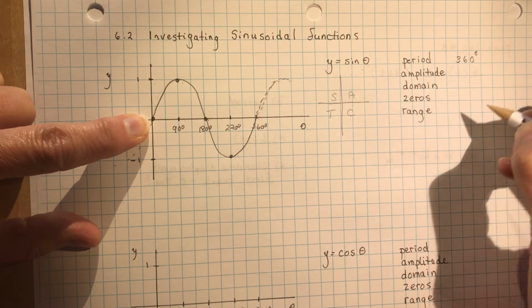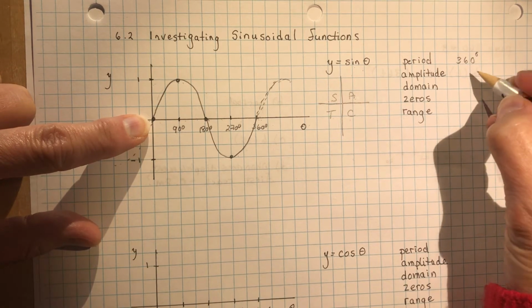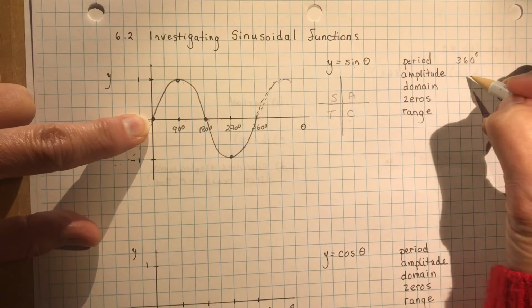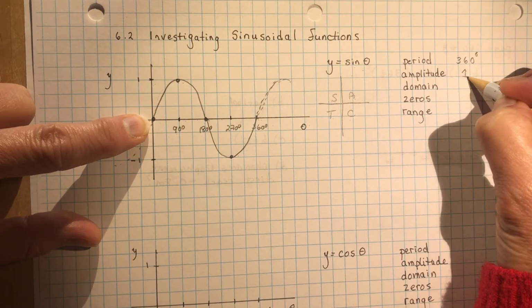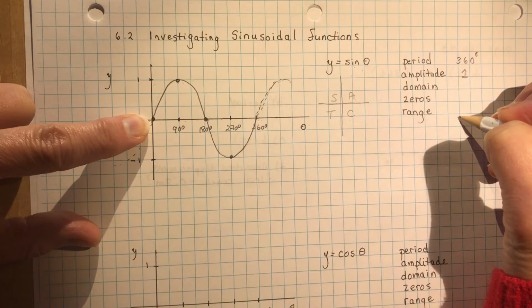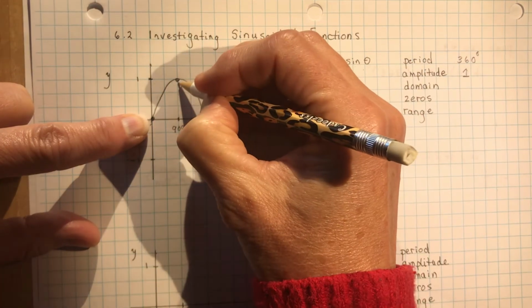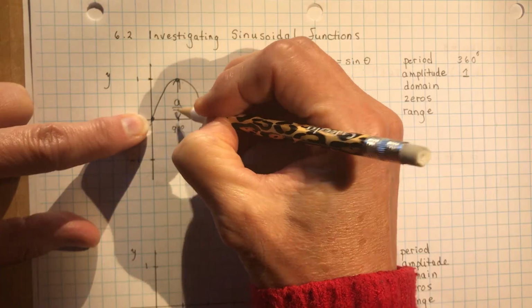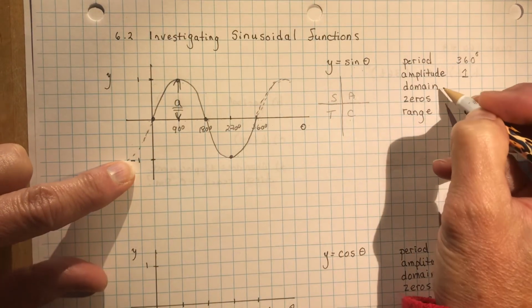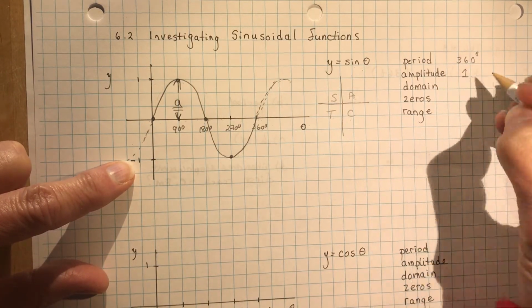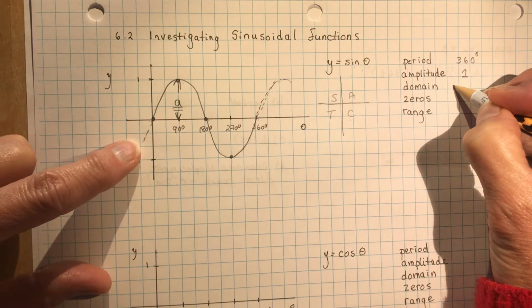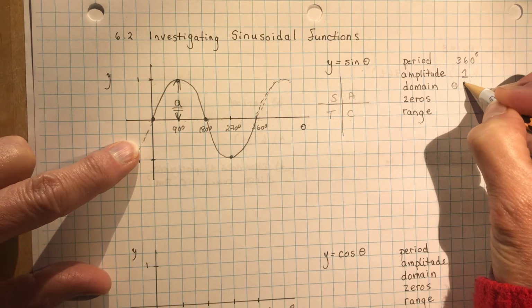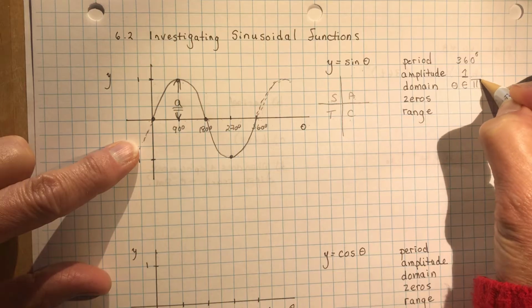360 degrees. What is the amplitude? Well, the amplitude is 1. Don't say plus and -1. That's for the range, right? The amplitude is simply the distance from here to here. Amplitude, 1 unit. The domain, well, domain is theta is an element of real numbers.